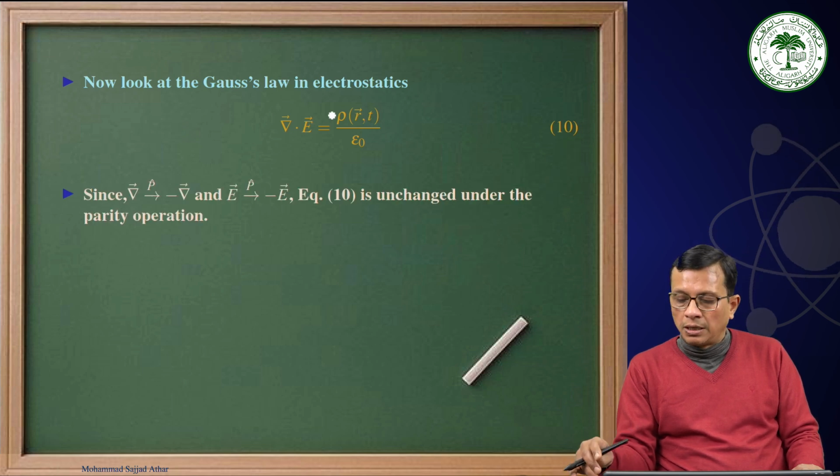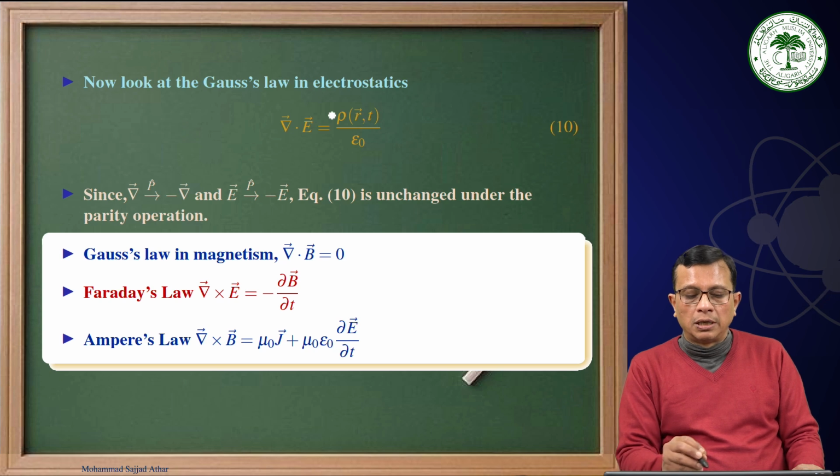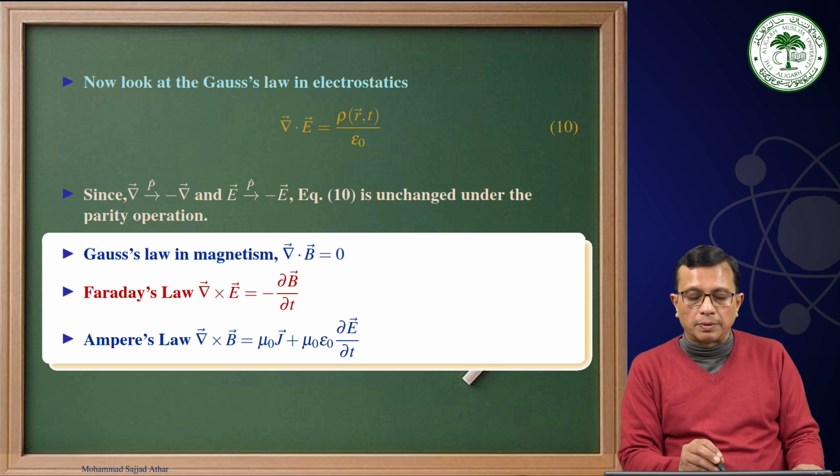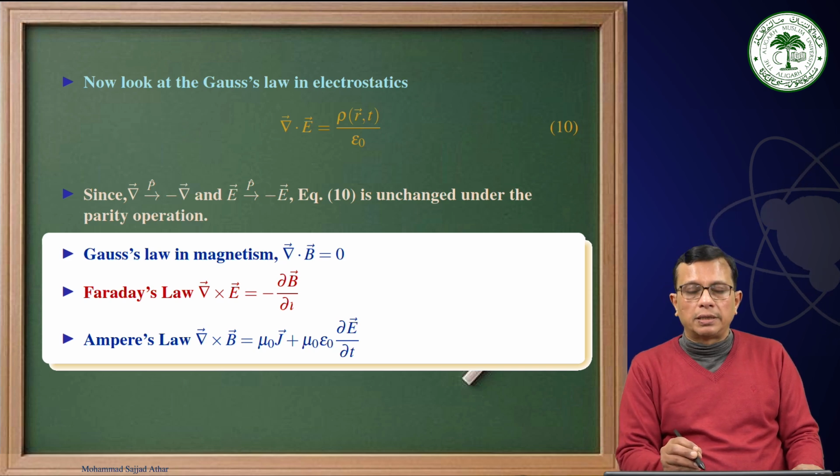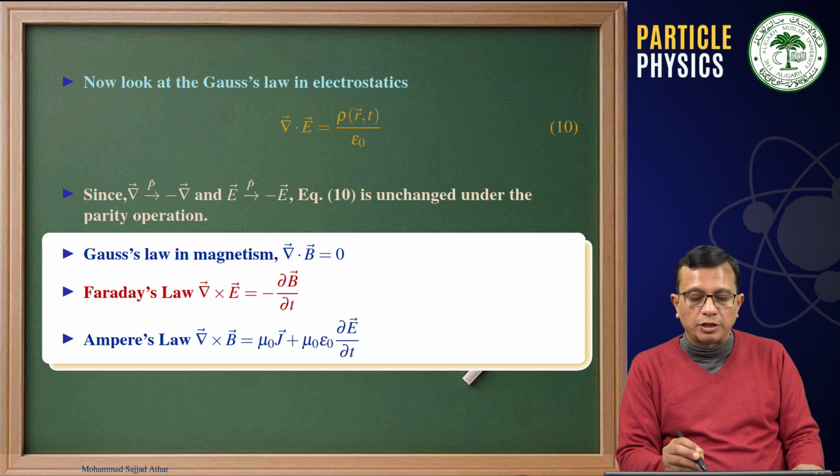Similarly, if we talk about Faraday's law, then E changes sign under parity, del changes sign under parity, while B and t do not change sign under parity. Therefore, again, this is invariant under parity operation.